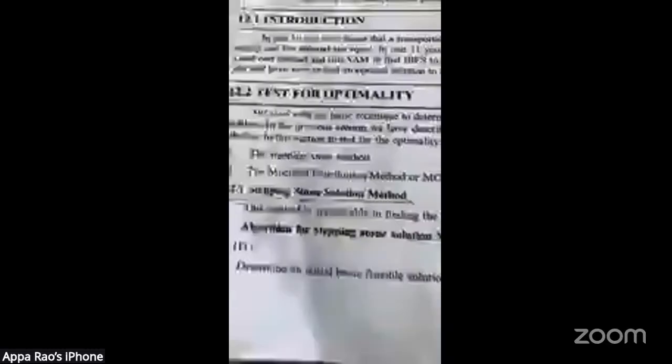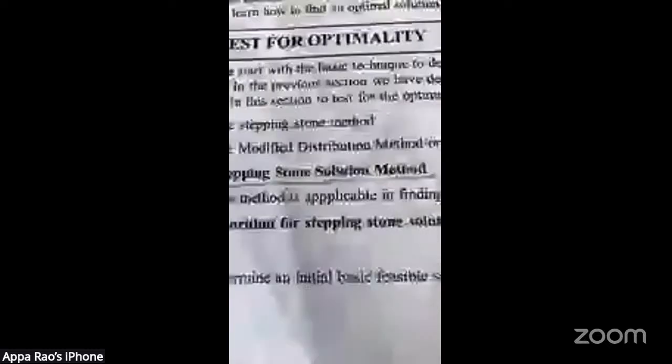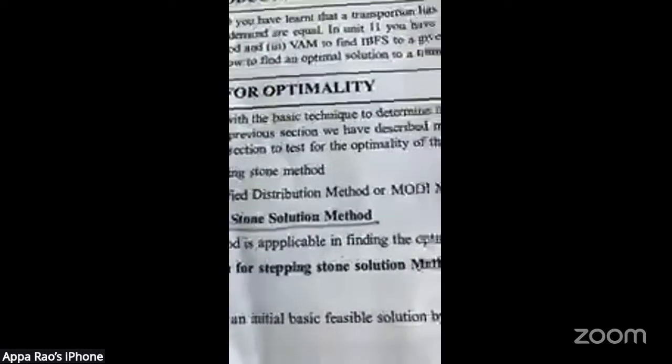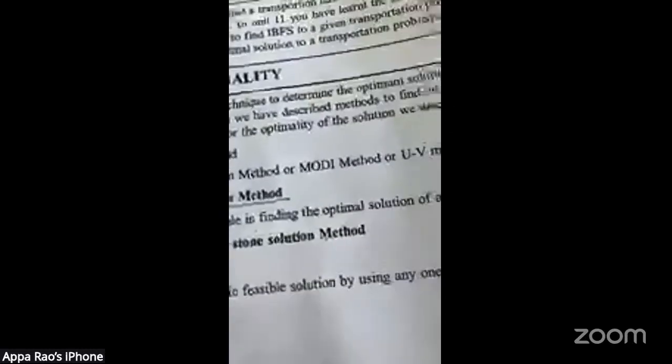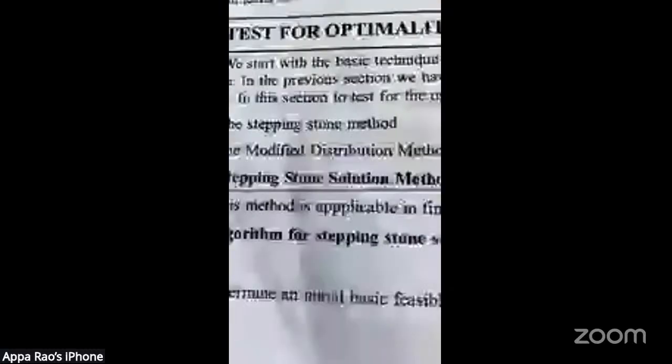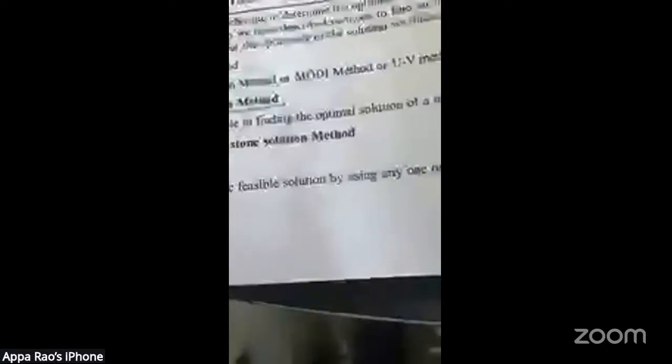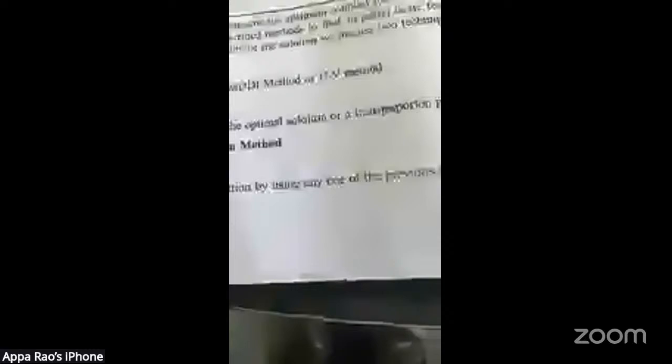What is the stepping stone method algorithm? The stepping stone solution method is applied in finding the optimal solution of a transportation problem. Algorithm for the stepping stone solution method. Step 1: determine the IBFS, initial basic feasible solution, using any one of the previous methods.